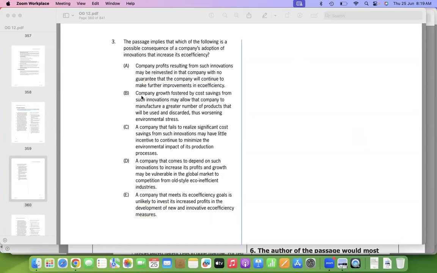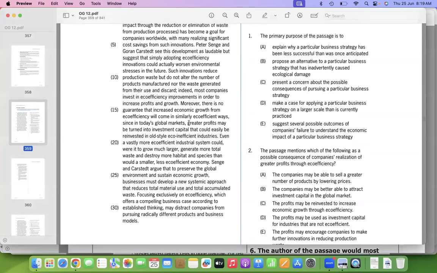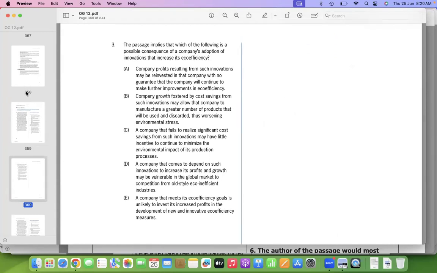Or was the problem that they're going to use the greater profits that they earn back into old style, eco-inefficient industries? That was the problem, no? The problem was not that we're looking for further innovation in eco-efficiency. So A and E will get eliminated because they're going on a new tangent and they imply the same thing.